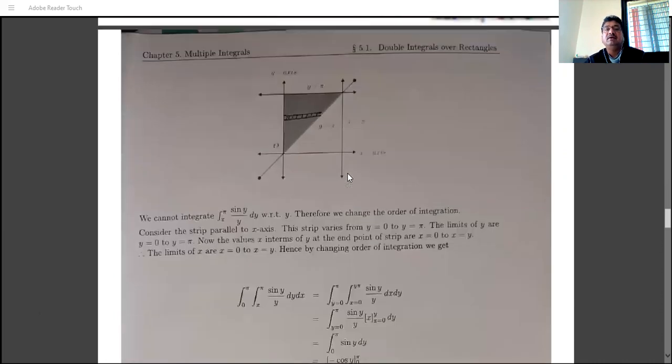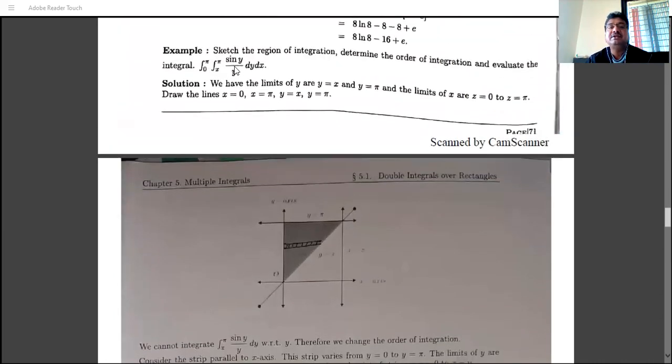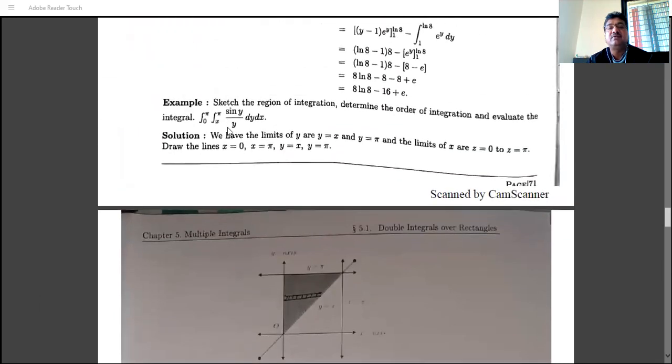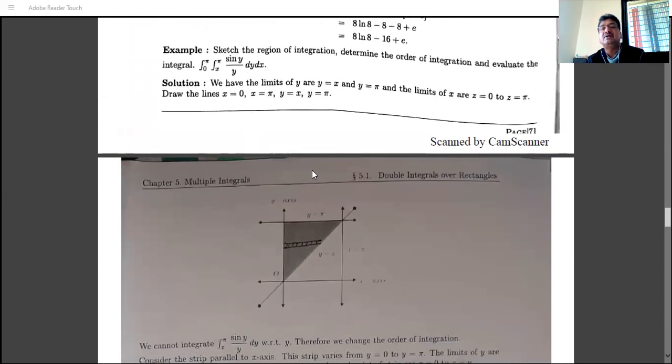So here, if the question is just to evaluate this integration, then we also have to change the order of integration, because integrating sin y by y with respect to y becomes complicated. So sometimes changing the order is useful to solve the example easily.